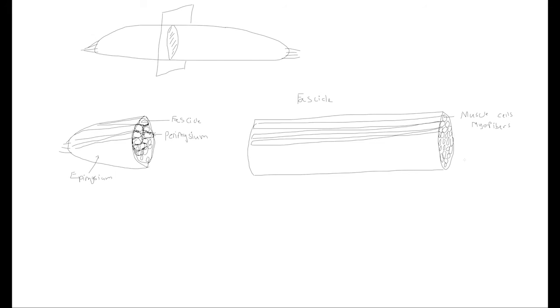Whatever you want to say. And they're going to span across the fascicle. So around and between these muscle cells, there's going to be something, and that thing is going to be called your endomysium.